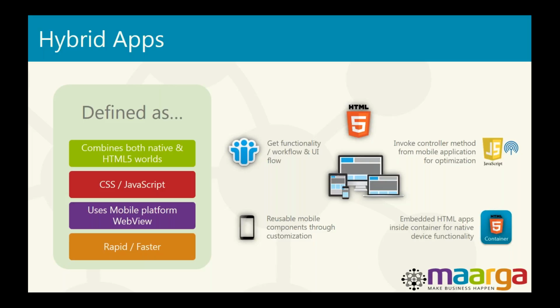When using a native cover, we use the mobile platform's web UI, which depends upon which operating system you choose. This is the hybrid app, and it allows rapid and faster development and initial development focus.